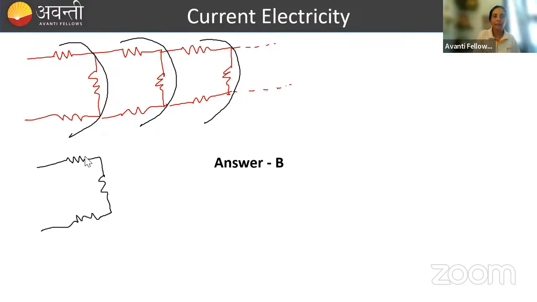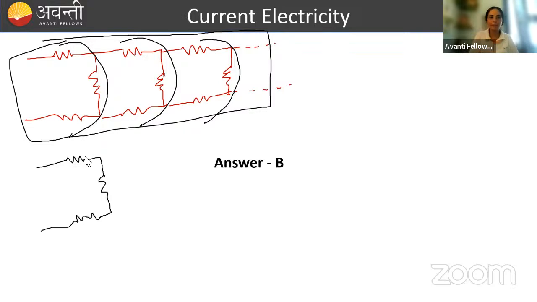So if I say, for example, R equivalent of this whole up to infinite is equal to X, suppose. So R equivalent value I have supposed as equal to X. Now you need to calculate X, right?